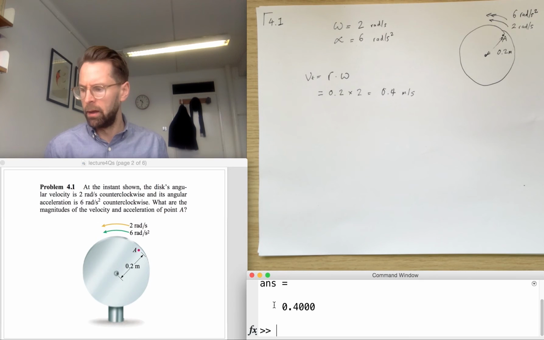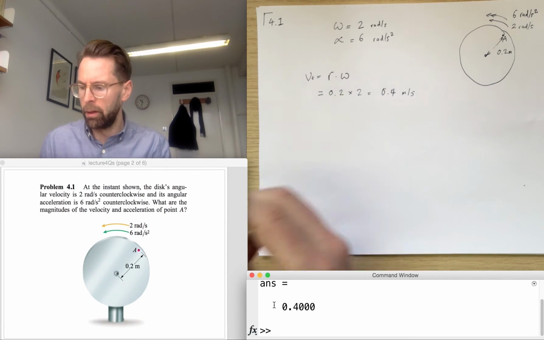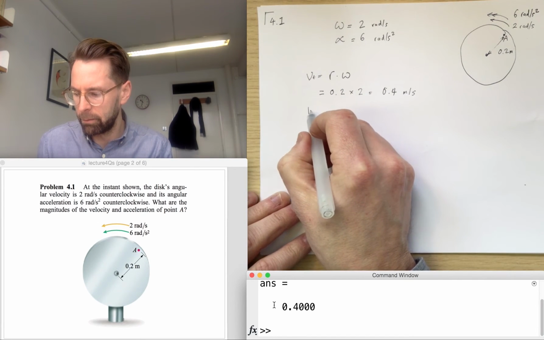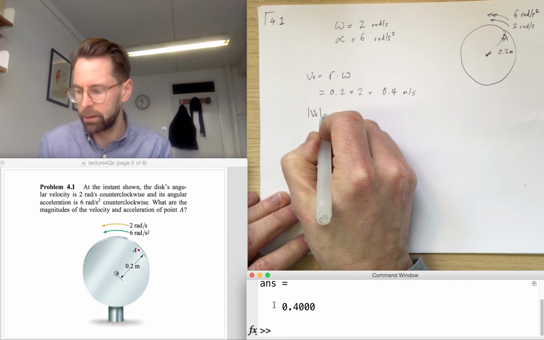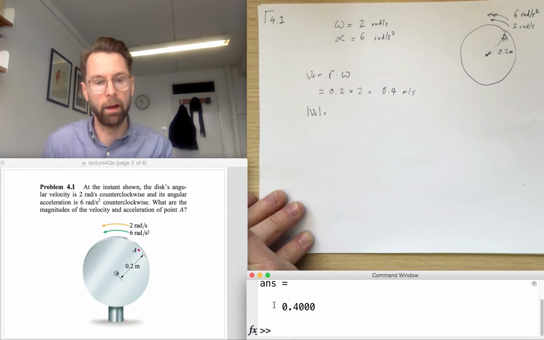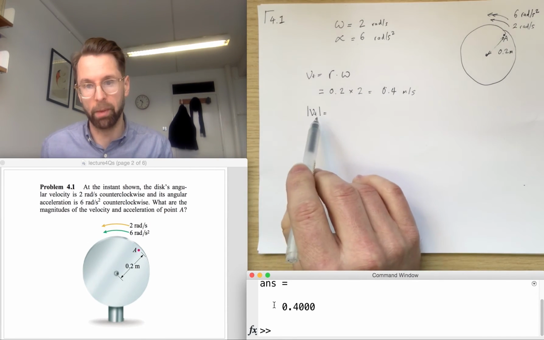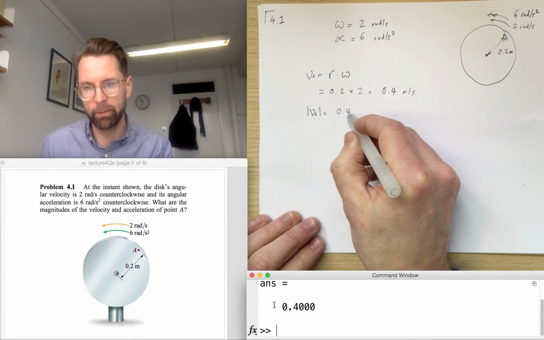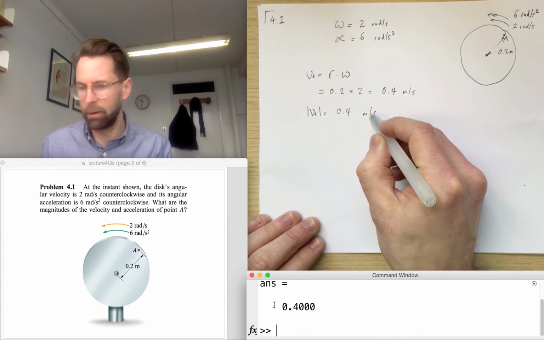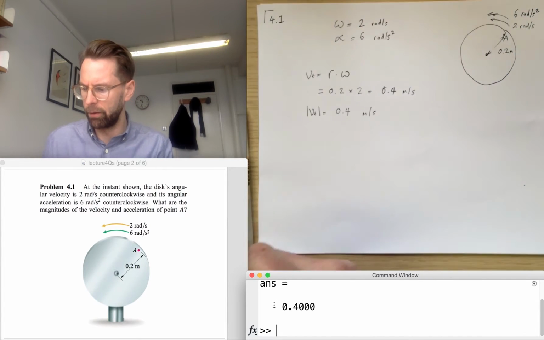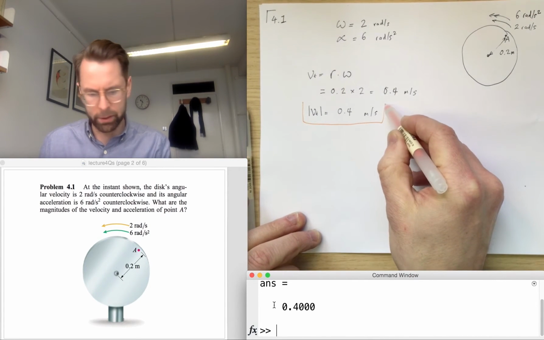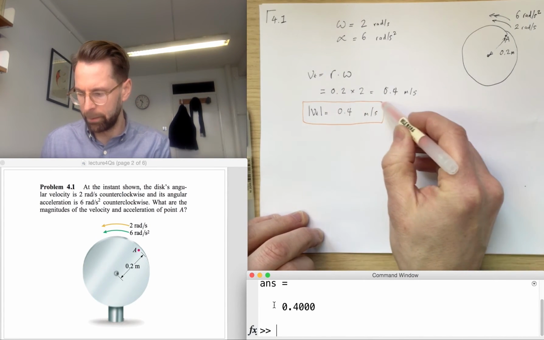Because there's only one component, the magnitude of that, which is what the question asks, so the mod of the tangential component, is just 0.4. So that's the first part of the question, just 0.4 meters per second.